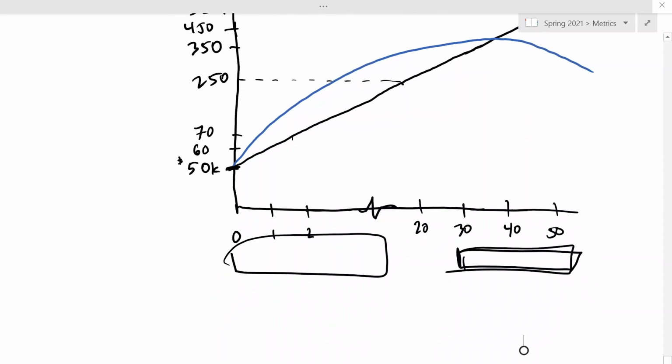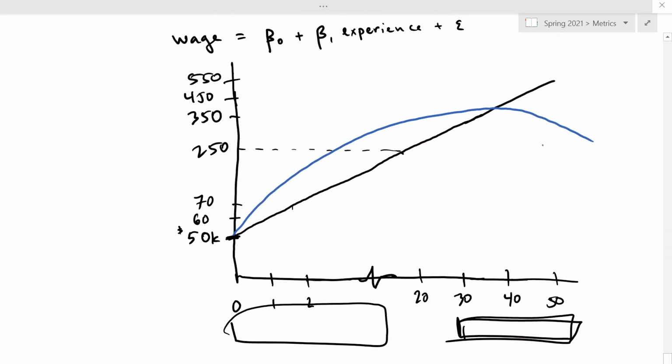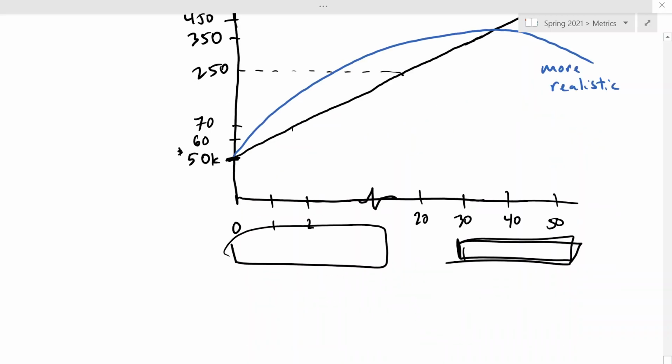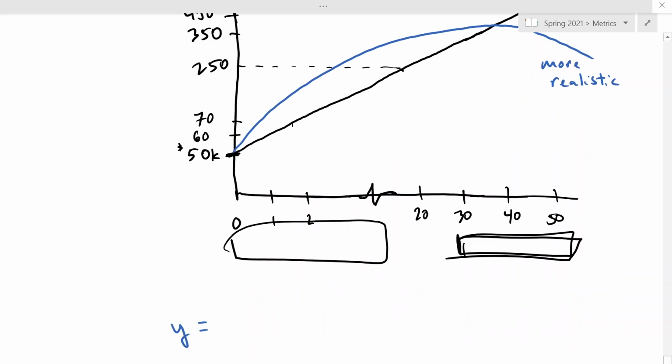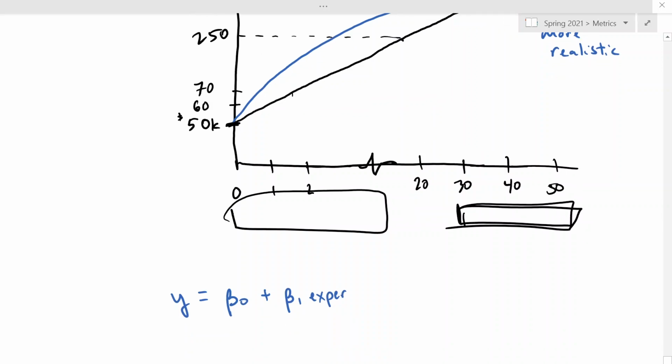So the blue line, which is going to be more realistic, could be modeled like beta 0 plus beta 1 times experience plus, which actually in practice, especially for wage equations, the beta 2 is going to be a negative number, times experience squared plus the error term.